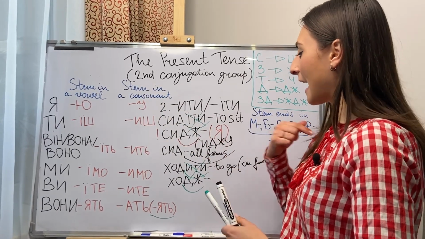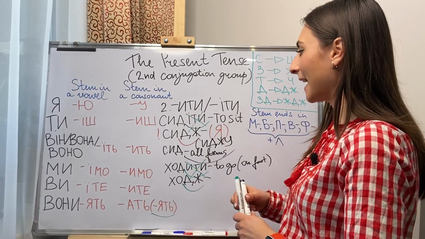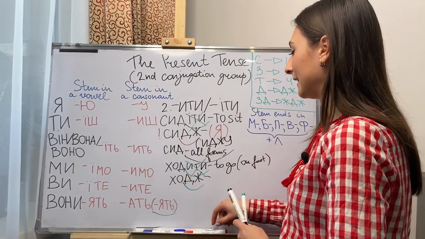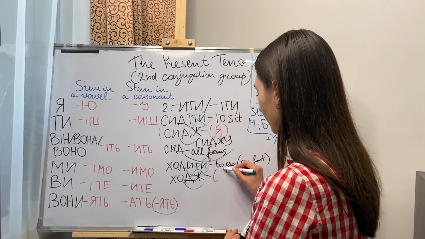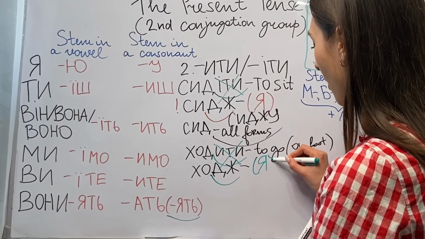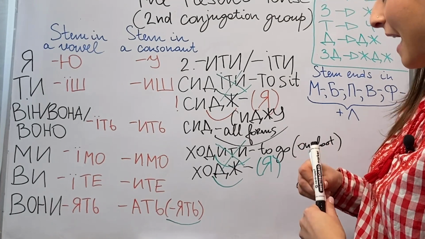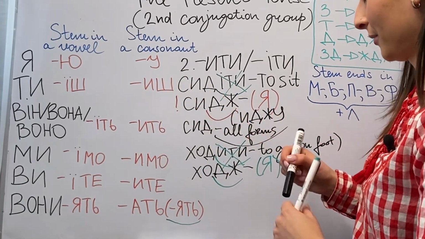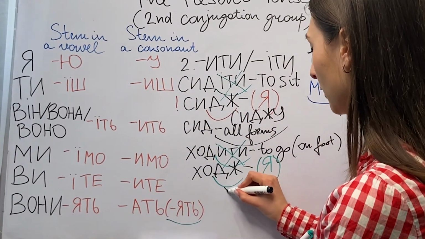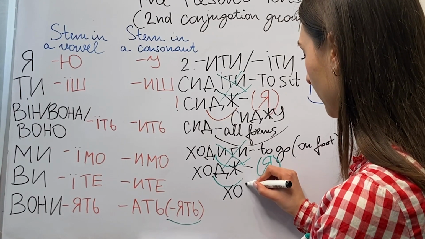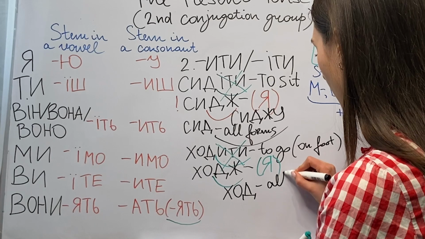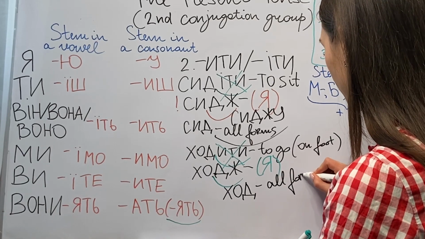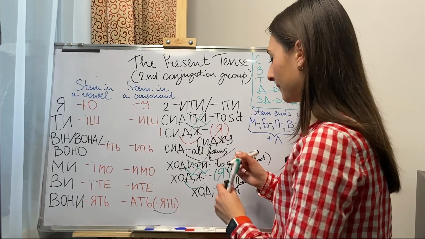If you want to say I go on foot, я ходжу, for я. But for all other forms you use again only ход.